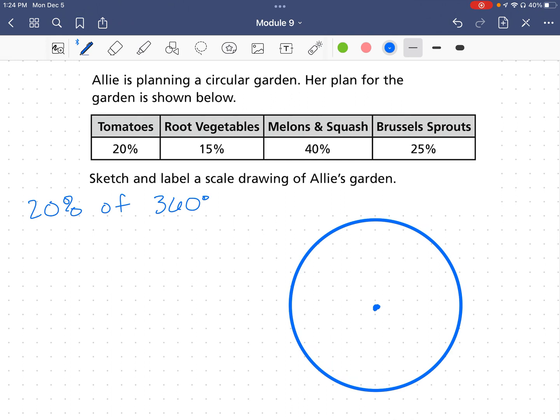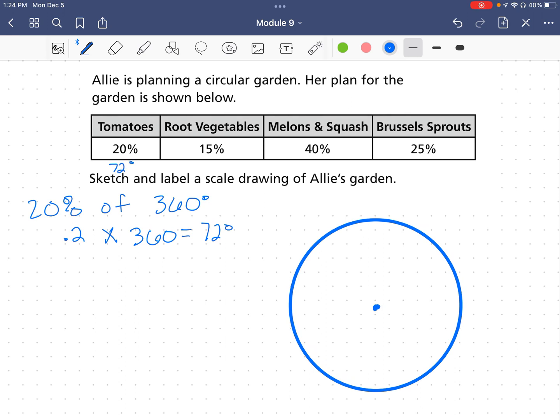Let's change our percent to a decimal. So 0.2 times 360 degrees. Pause your video, multiply that out for me, unpause it when you are good to go. And then this is going to be for tomatoes. So tomatoes are going to be 72 degrees. I'm going to add that underneath here.